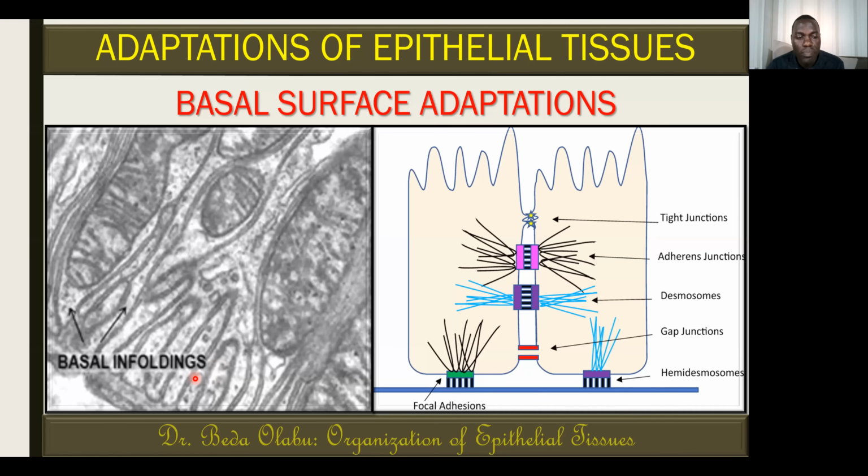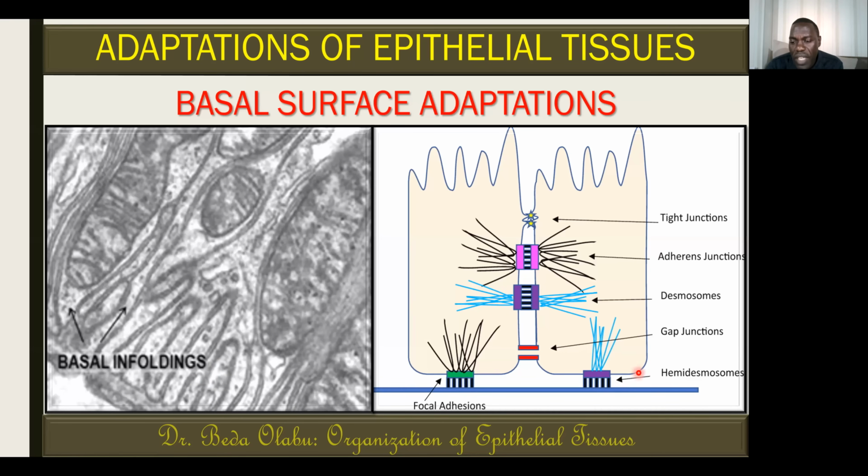Apart from basal membrane invaginations, the other basal surface adaptation is what we call hemidesmosomes. Now look, for a desmosome, you have a disc, half a disc on one side, half a disc on the other side. They combine to form a desmosome for holding the adjacent cells together.